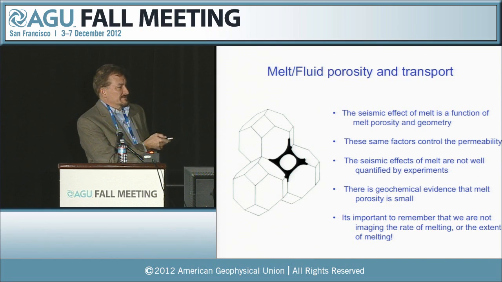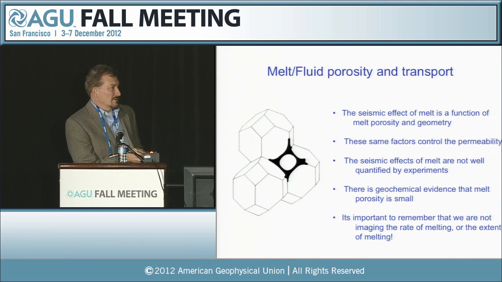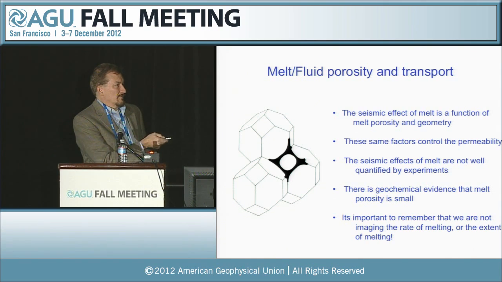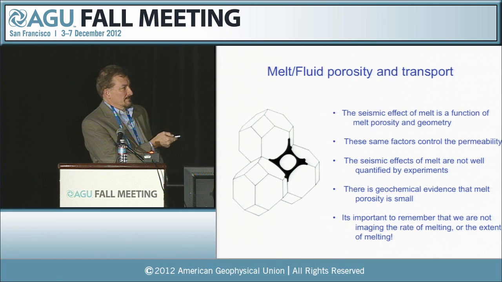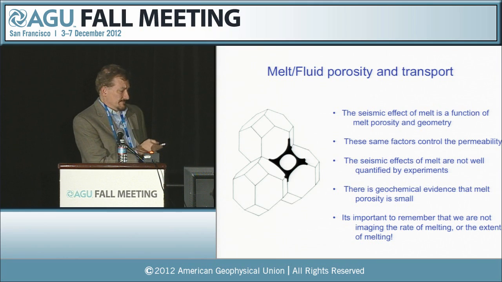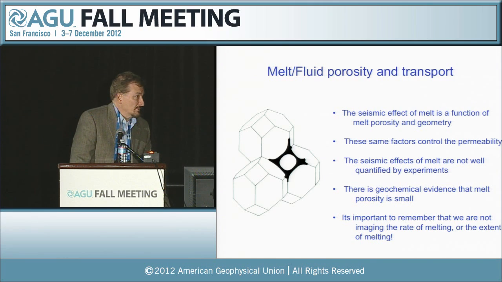Unfortunately, the seismic effects of melt are not well quantified by experiments. But there is geochemical evidence that the melt porosity needs to be small, and this is a somewhat controversial topic, but U-series disequilibrium measurements, for example, would suggest that we only have very small amounts, like less than 0.1% or so, of melt porosity in the mantle.